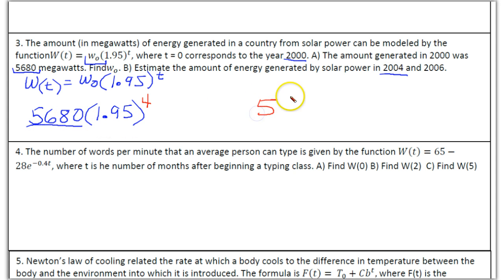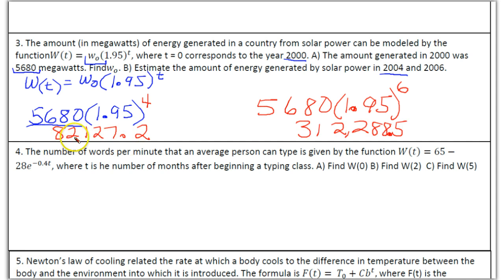Let me do it for you. What will you use for 2006? Well, the 6. And then when you do that, you get your answer. And this will give you some practice on your calculator. So part of it is understanding what does the formula say, and then interpreting and where to put your values.